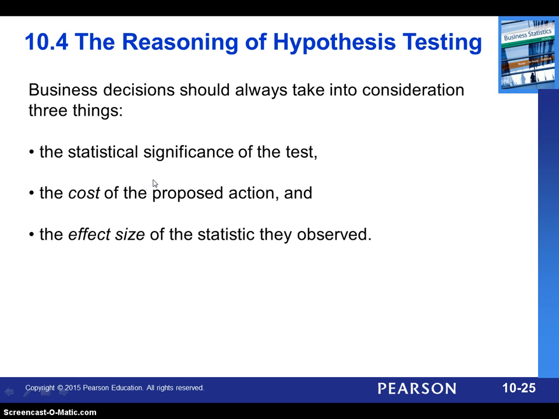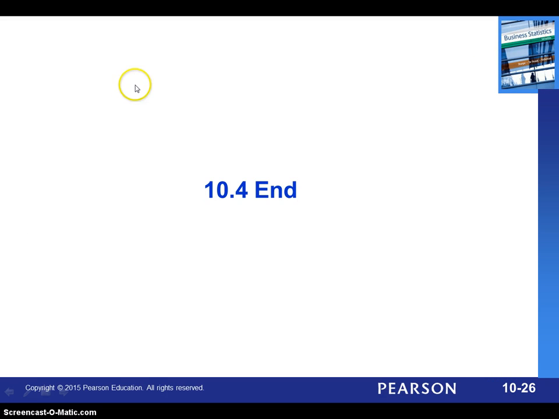So it gets even trickier on real business decisions. Statistical significance comes into play, and we'll talk more about that in later installments of the class. And then the effect size, we'll also talk about that. There's a lot to this. You hear these statistics thrown around kind of willy-nilly, especially through the media. There is a lot that goes behind good ones to make them good, and we'll talk about that. And that should do it for 10.4.